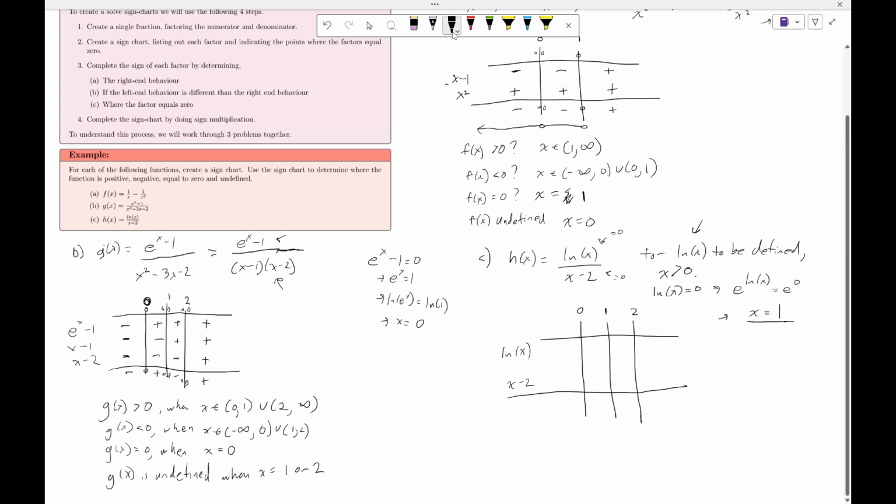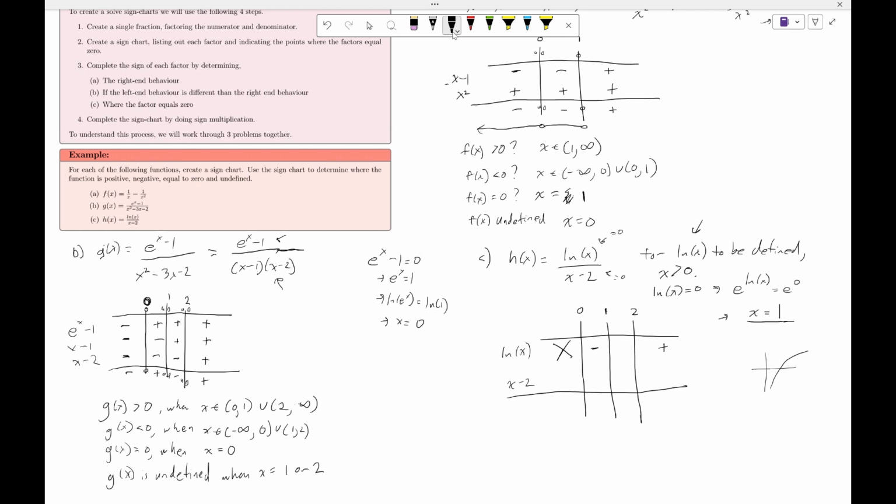Here, ln of x, my right-hand behavior is going to be positive. My left-hand behavior is undefined, and I'm going to put a big X here. When I go off to negative infinity, it's not defined. However, I know that ln looks kind of like this. So in my head, I'm going, okay, yes, it's undefined below 0, but it's negative just before 0 because of my knowledge of ln functions.